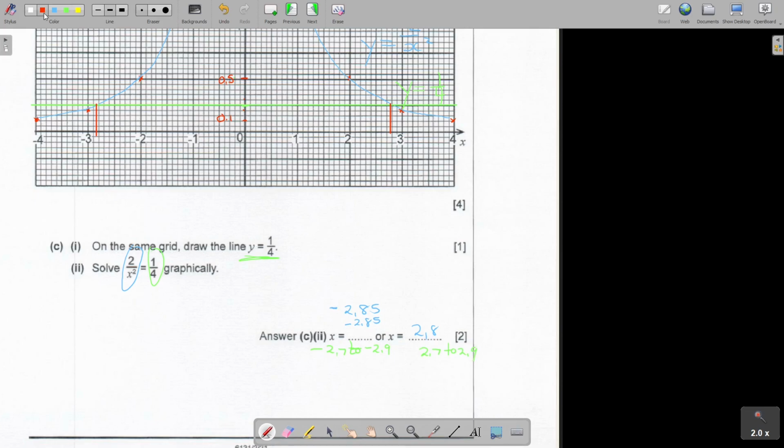Okay, so that was just one for the line and then 2 for reading down. That was actually a very nice question. Okay, so make sure with graphs, practice how to complete the table and everything, and you will be able to do that.